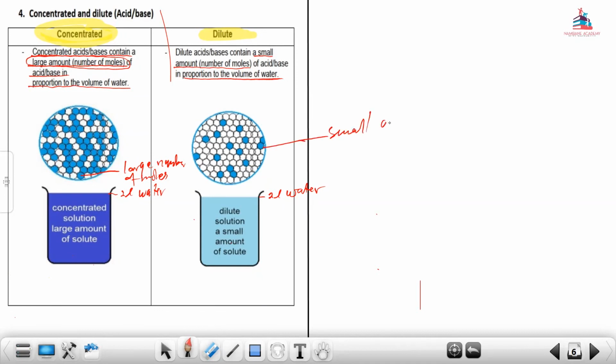Small amount of moles. Then I fully understand the difference between concentrated and dilute. It's not that once you say it's concentrated, it means strong. No. Concentrated basically just means a high number of moles in proportion with the volume of water. Dilute basically means a small number of moles in proportion to the volume of water.